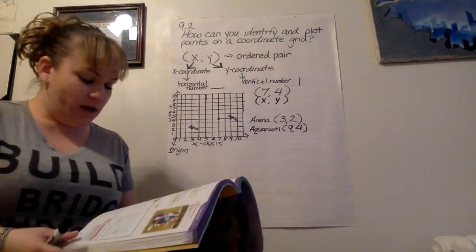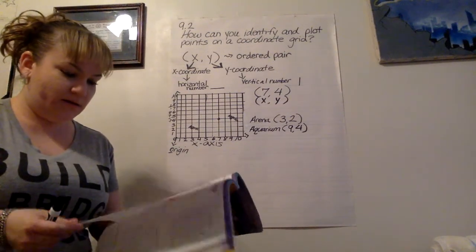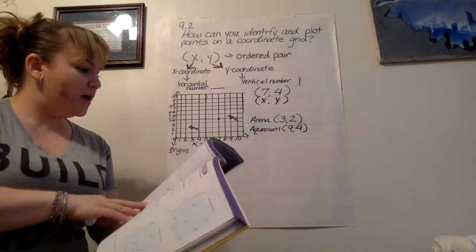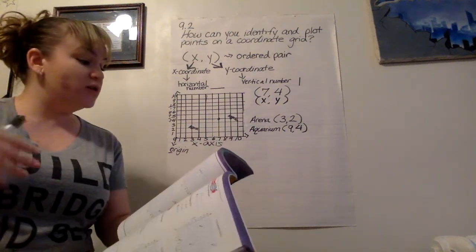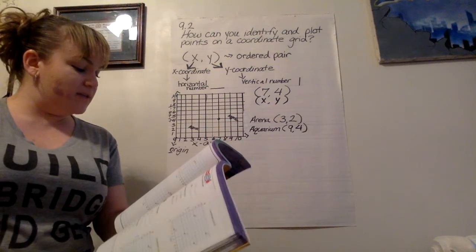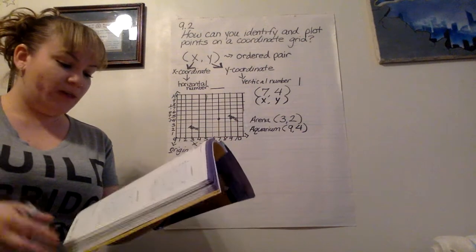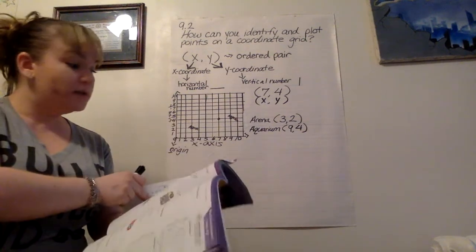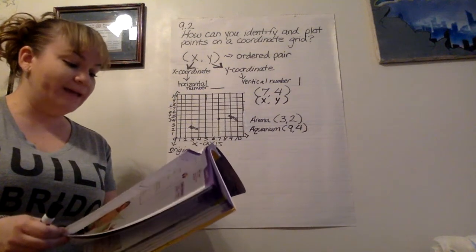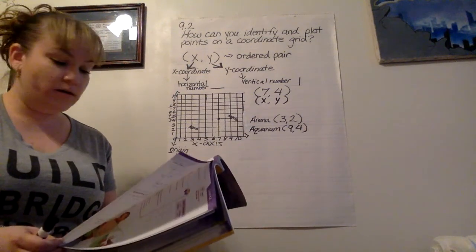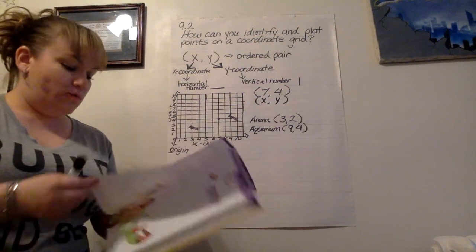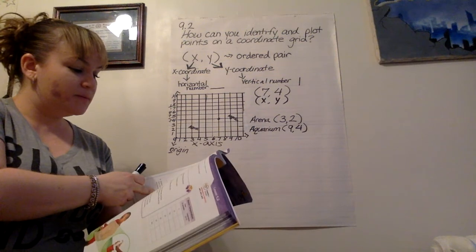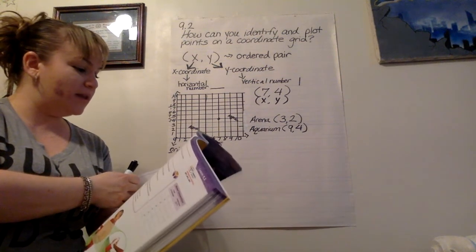And that's it. Now, let me see. I would skip ahead. I'm looking at page 540, example 1, find the distance between. Ah, I see. I'm just looking ahead at what they want you to do. Plot and label. Okay, we've done that. And then they want you to do, what is the distance between school and the library?